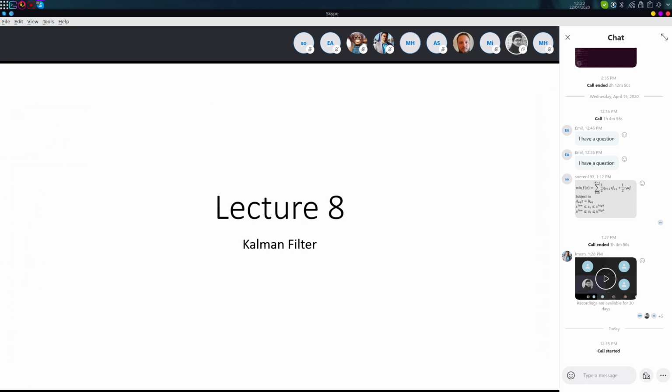even if you think about the 1960s, the resources for doing online computation were really, really limited. But this is what happened. This is one of the advantages of using Kalman filter, because usually when you want to estimate the state, you need a lot of data from previous time steps.